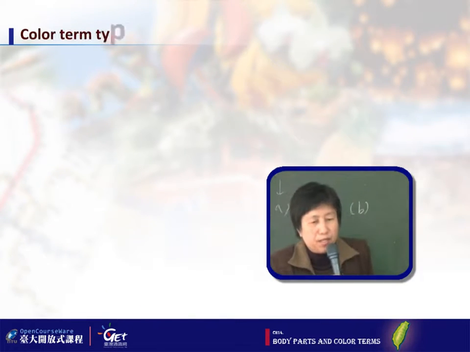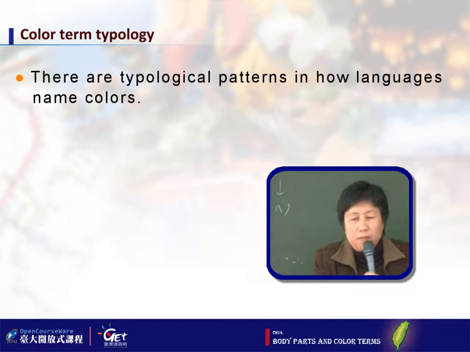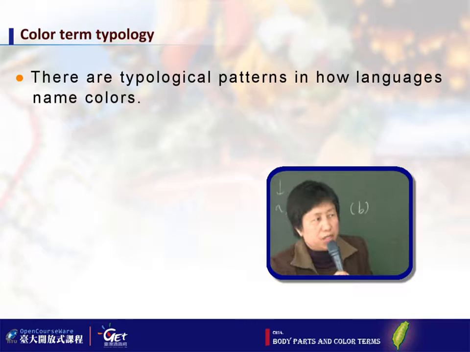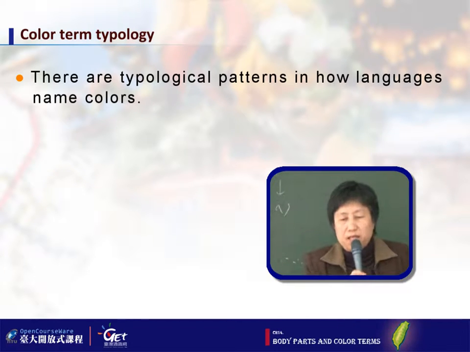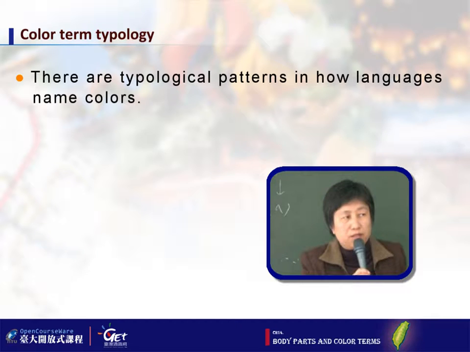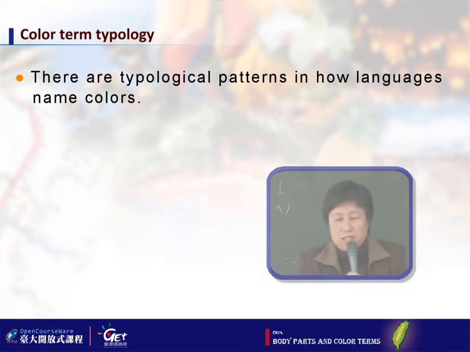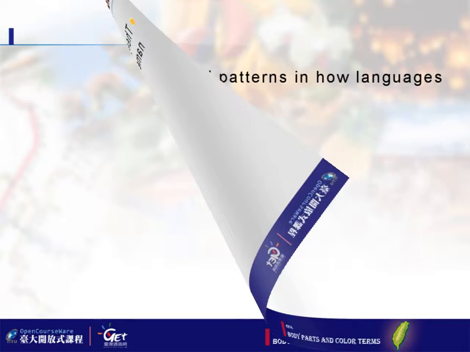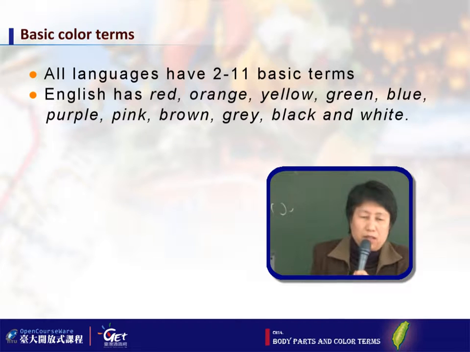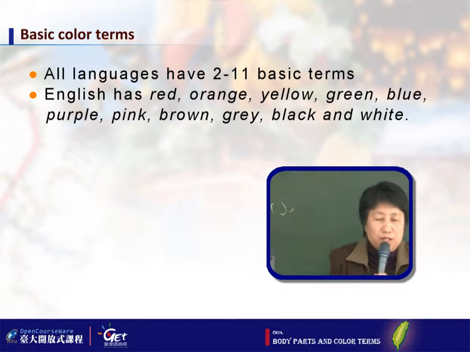And the color terms typology. The basic research theme is that there are typological patterns in how languages name colors. There are different patterns of color naming. The previous study showed that in terms of basic color terms, all languages have 2 to 11 basic color terms.